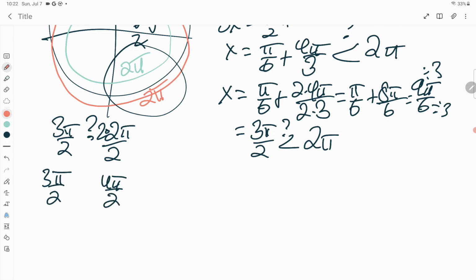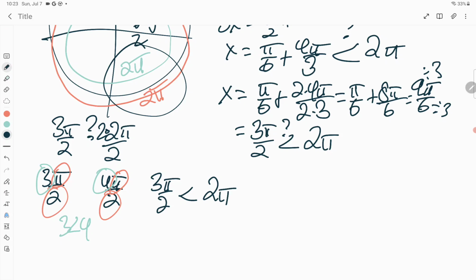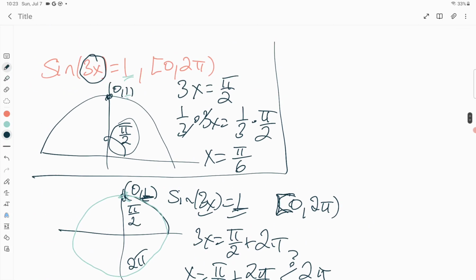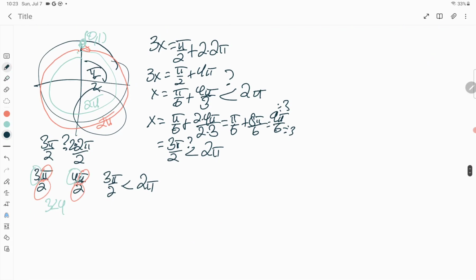Now you compare: this is 2, they match. This is pi, they match. And then you have this 3, which is clearly less than the 4. 3 is less than 4. So the conclusion is that 3 pi over 2 is less than 2 pi. You can do this pretty much anytime you're comparing angles. Pi over 6, this is in the basic unit circle. It's definitely less than 2 pi. You can look at the unit circle.